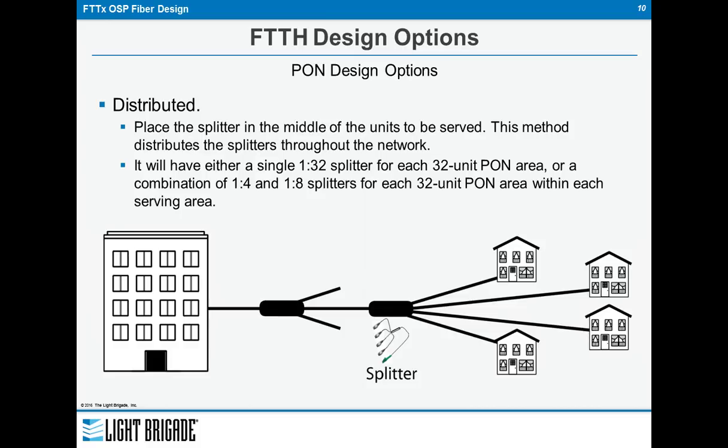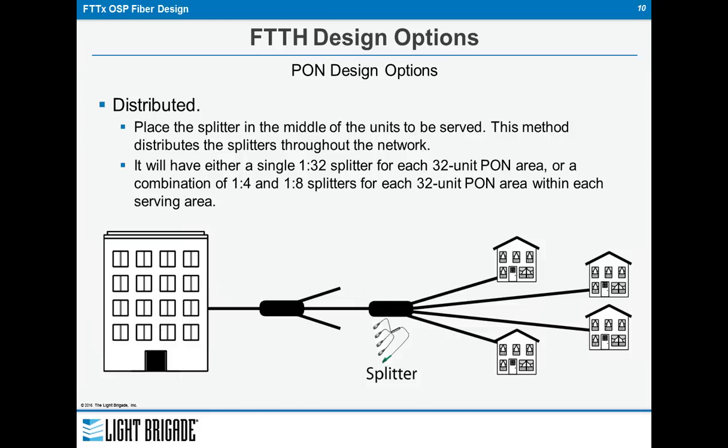So in this next slide, we've removed the cabinet. Now we need to decide where we're going to place those splitters. We're essentially pushing them away from a centralized location and closer to the individual users. Where we physically locate those, we could put them in a splice closure. We could put them in what's called a fiber access terminal, which is basically a pedestal that is mounted on the ground.